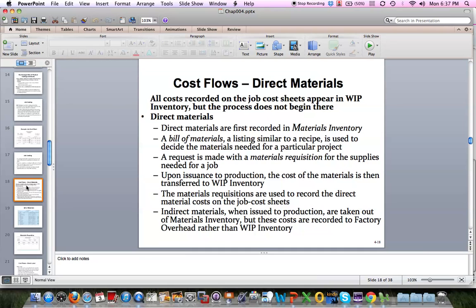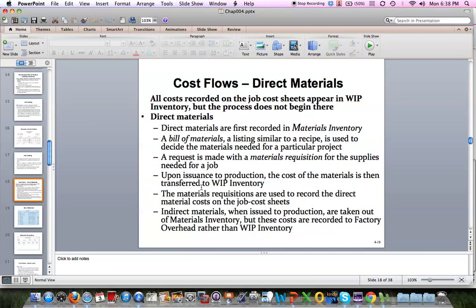And of course we would need to fill this out completely for every single part needed to move from materials inventory to the work in process inventory. Okay, so whenever we use this materials requisition number, then we're basically moving dollars from materials inventory to work in process.